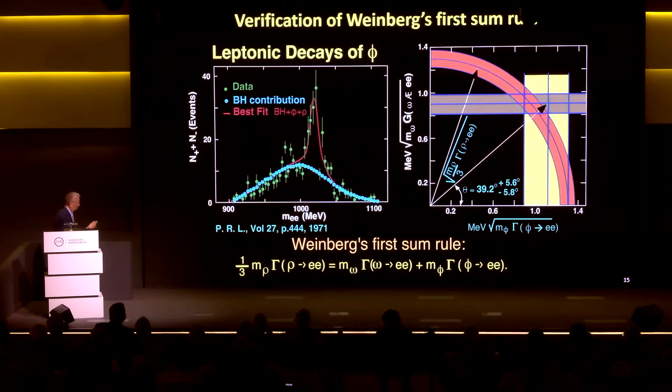And then we verify the SU3 symmetry rules, and this is the phi to electron-positron pair. And the Weinberg's first sum rule says the decay of rho is equal to omega plus phi. Indeed, our experiment confirmed that.